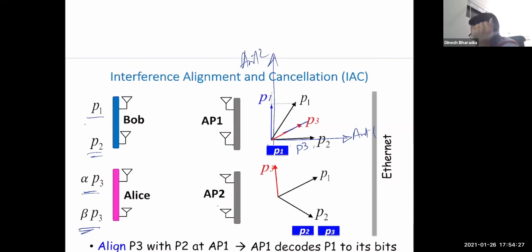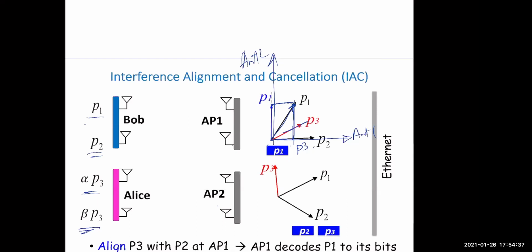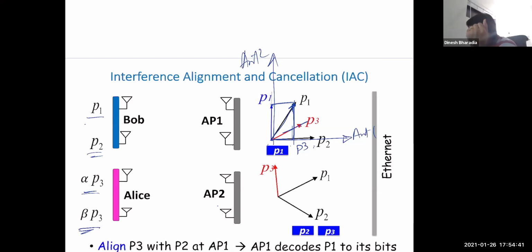So in this case, P1 has this much contribution on antenna 1 and this much on antenna 2. Is that clear, Andrew? Yes. Now, let's say P1 is this. Those are its contributions.